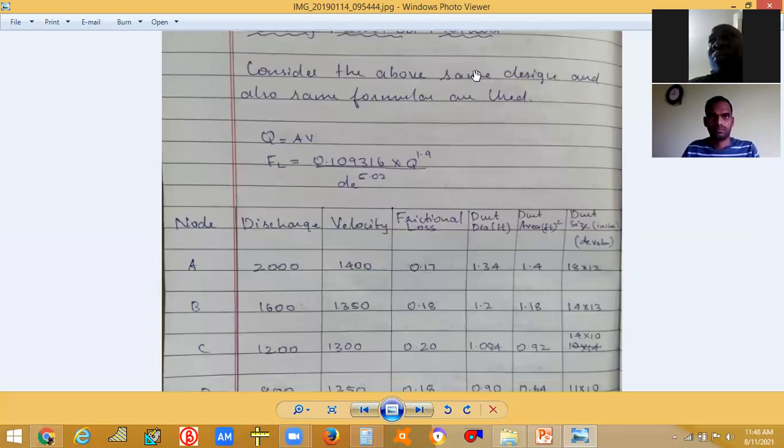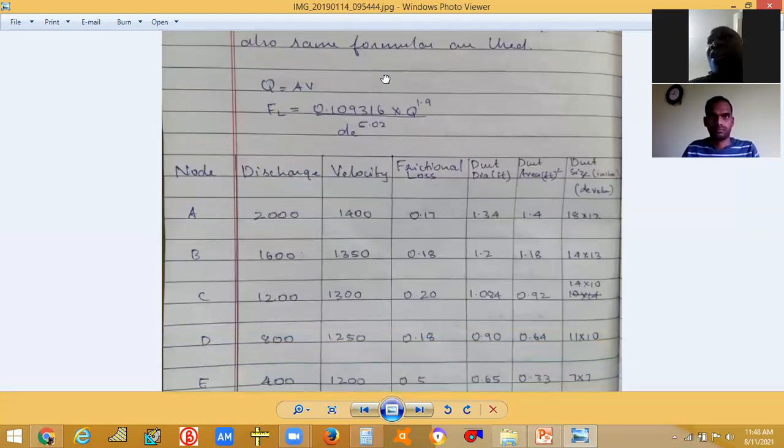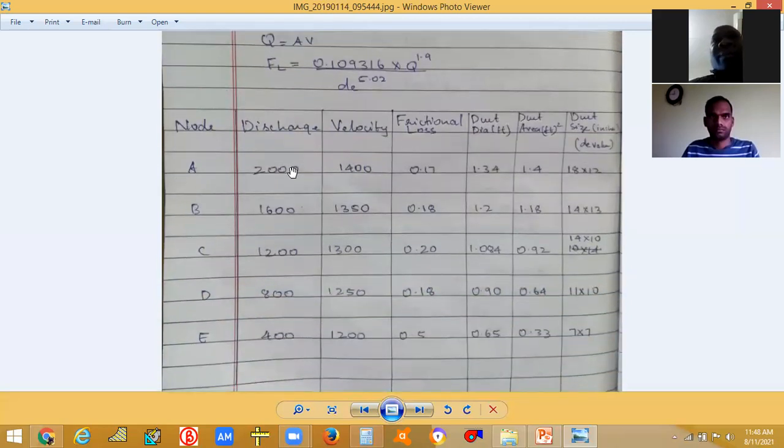You can write, consider the above same design and same formula are used. This first row will be same, okay, as that of the previous question. Complete these three columns.